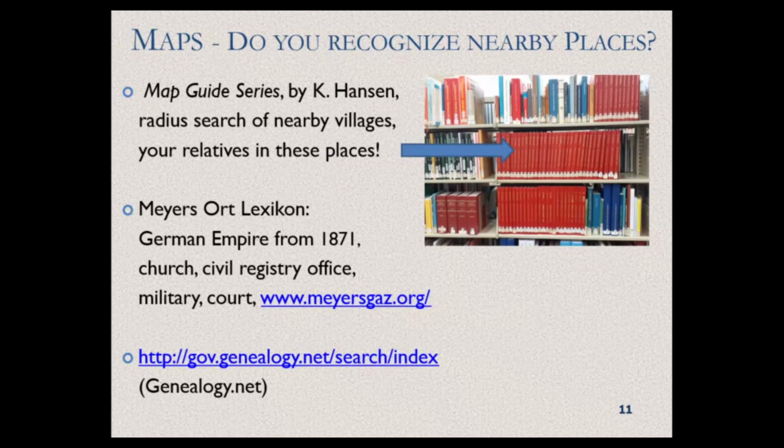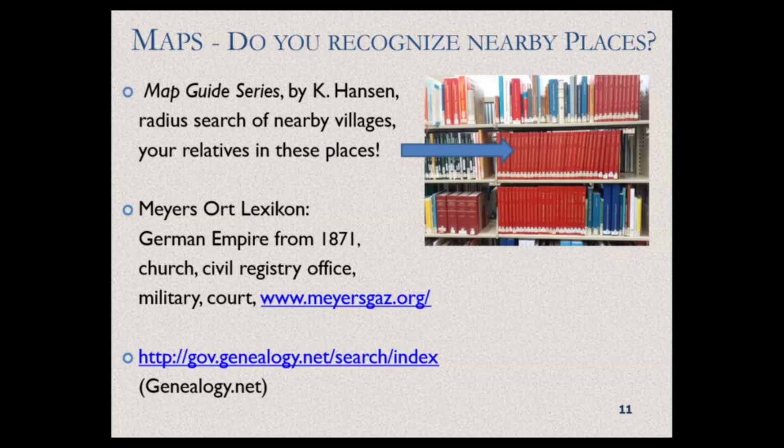Those books are divided by Catholic parishes and Lutheran or Evangelic parishes. And so then you will see where another Catholic place is close by, and even where the diocese would be.